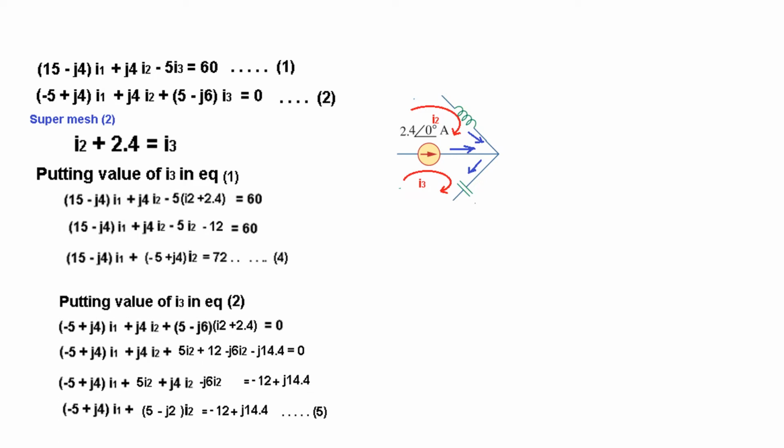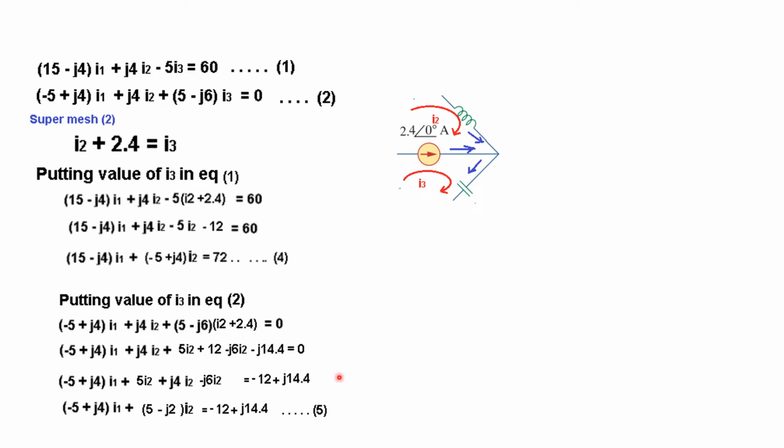Similarly, putting the value of I3 in equation number 2 and then simplifying and collecting the like terms, this is equation number 5. So now we'll be dealing with these two equations and two variables.